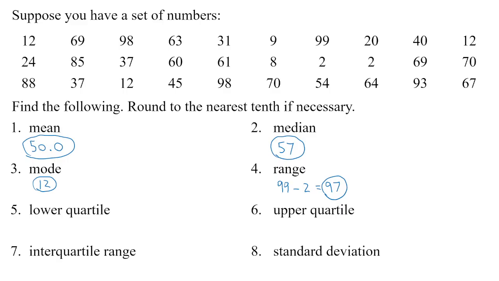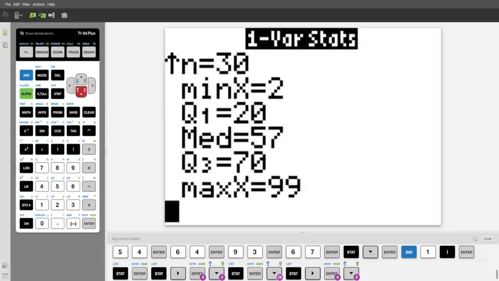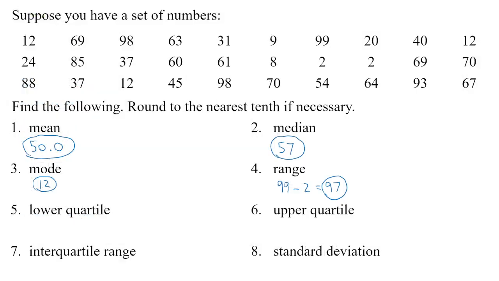All right, so next it asks for the lower quartile. The lower quartile is the number that is in the 25th percentile in the list of numbers. Q1 will be your lower quartile. And your lower quartile is 20. Therefore, the answer here is 20.